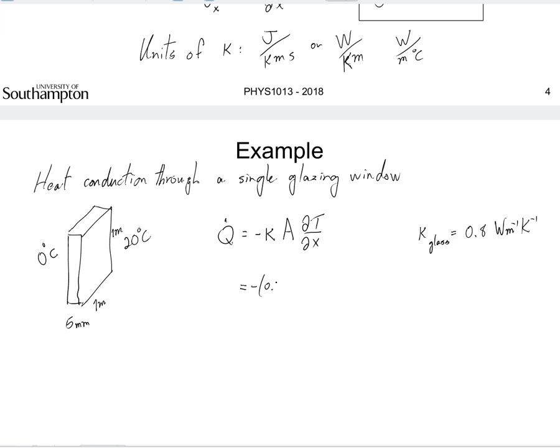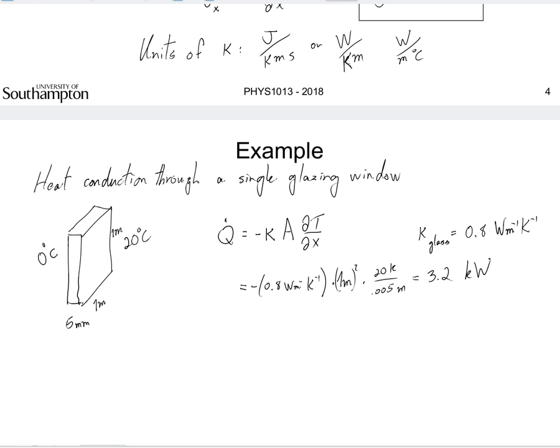Minus 0.8 watts meter^-1 Kelvin^-1 times 1 meter squared times 20 Kelvin divided by 0.005 meters. And if you put all these numbers together, you're going to get 3.2 kilowatts.